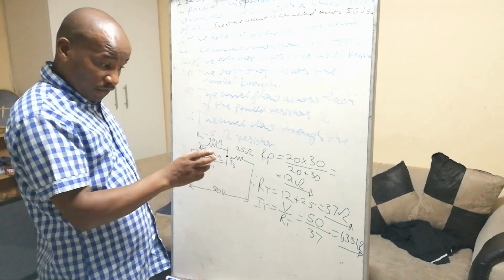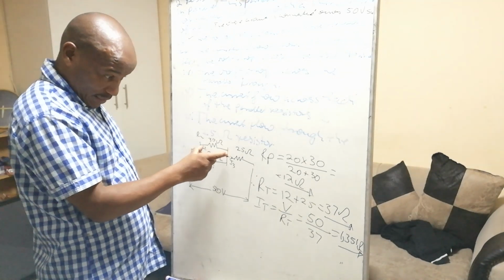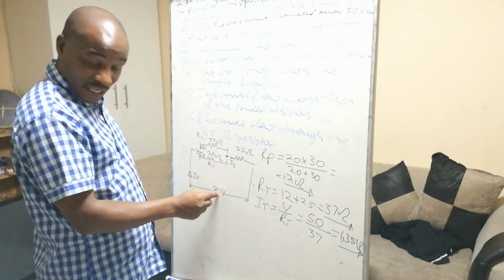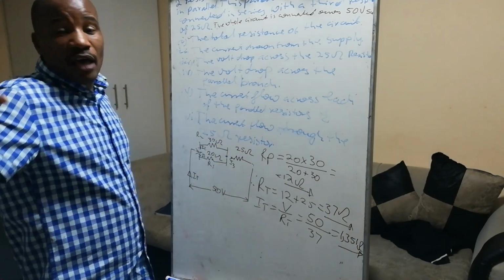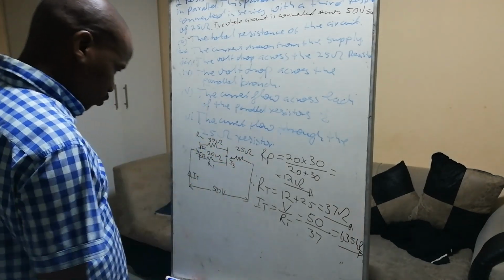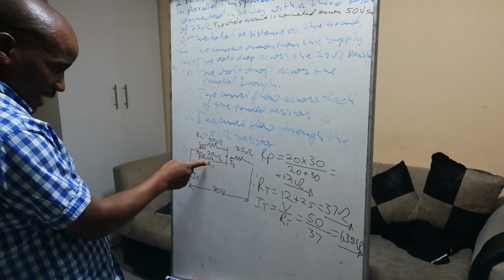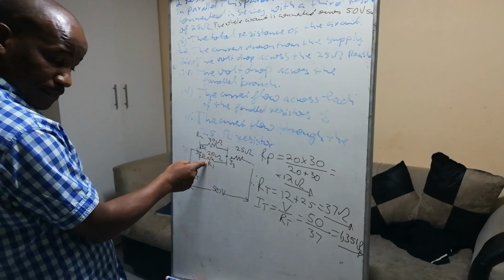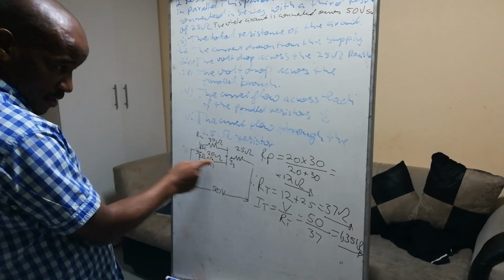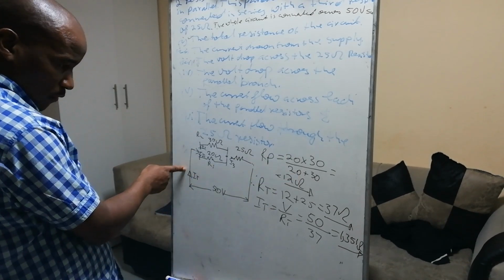You first have to find the voltage drop here and subtract this voltage from the total supply, and you'll get the voltage drop there. Either way, it depends. Let's see what we can do. We've got the resistance of 12 ohm.